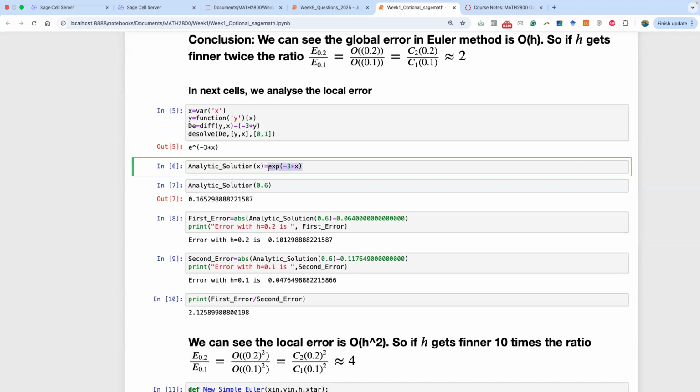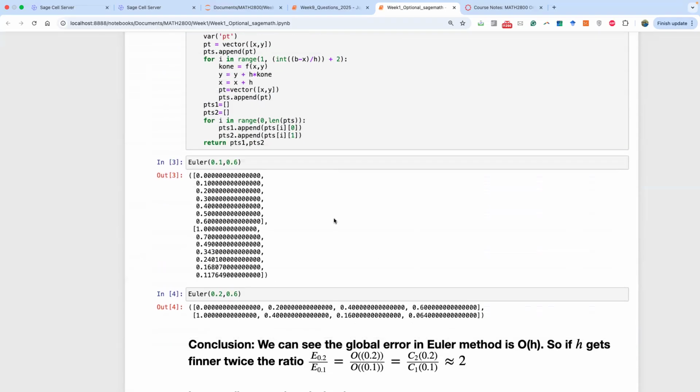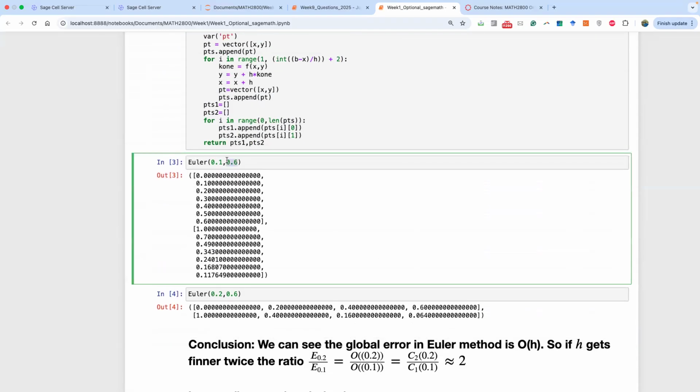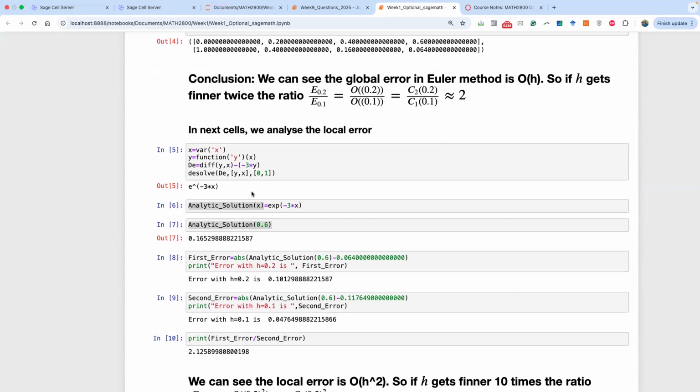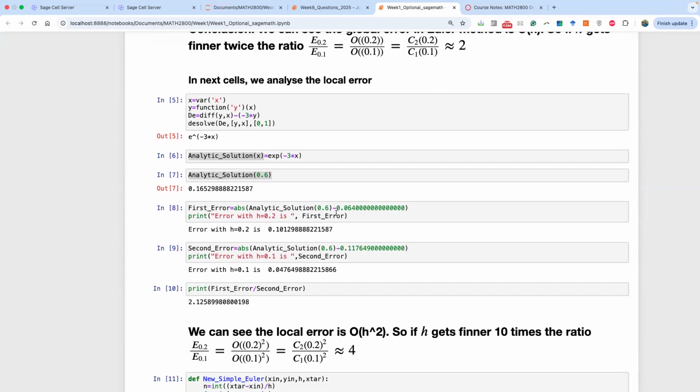I will save the analytic solution with this name, and I'd like to evaluate the analytic solution at 0.6. It's here. Okay. And the first error, using step size of 0.1, is this guy.